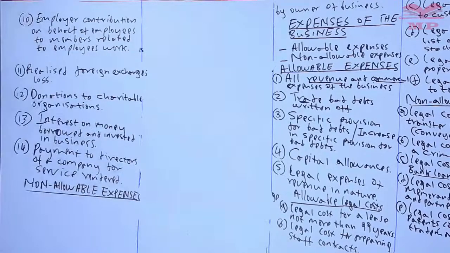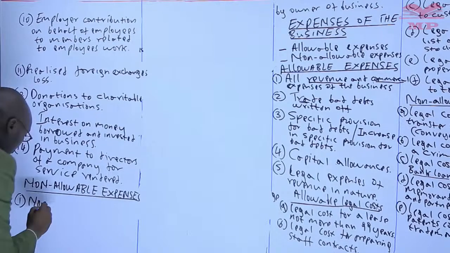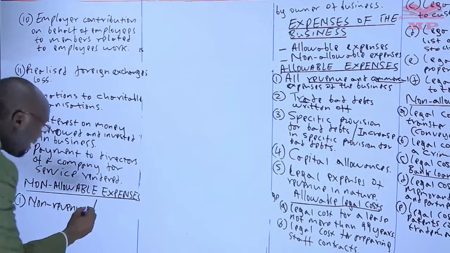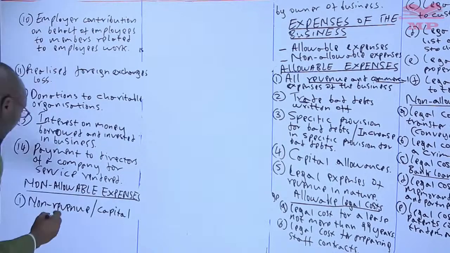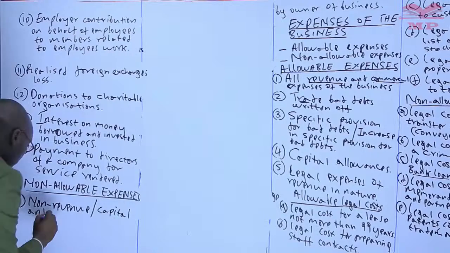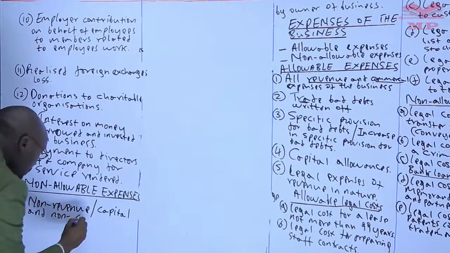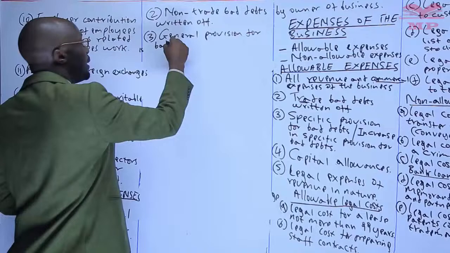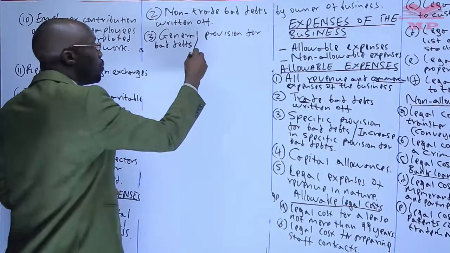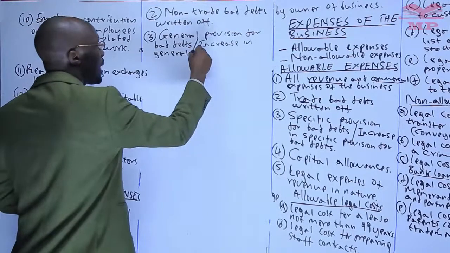We have number 1, non-revenue or capital and non-commercial debts. The other way to put it is increase for bad debt.